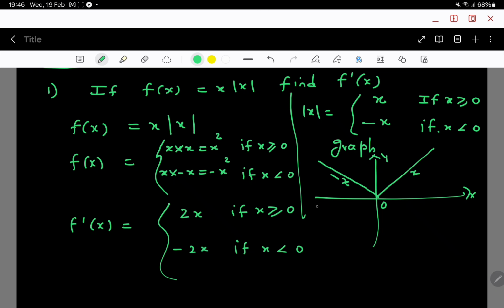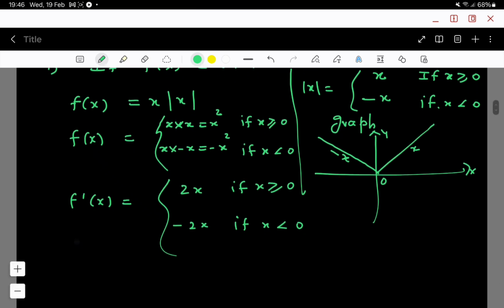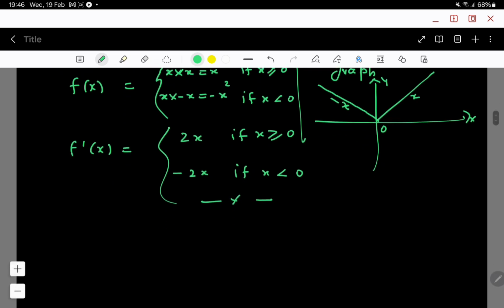Okay. This is the derivative of x into mod of x. If x is greater than 0, what is f dash of x? 2x. If x is less than 0, what is f dash of x? Minus 2x. Okay. That's all. Next problem.